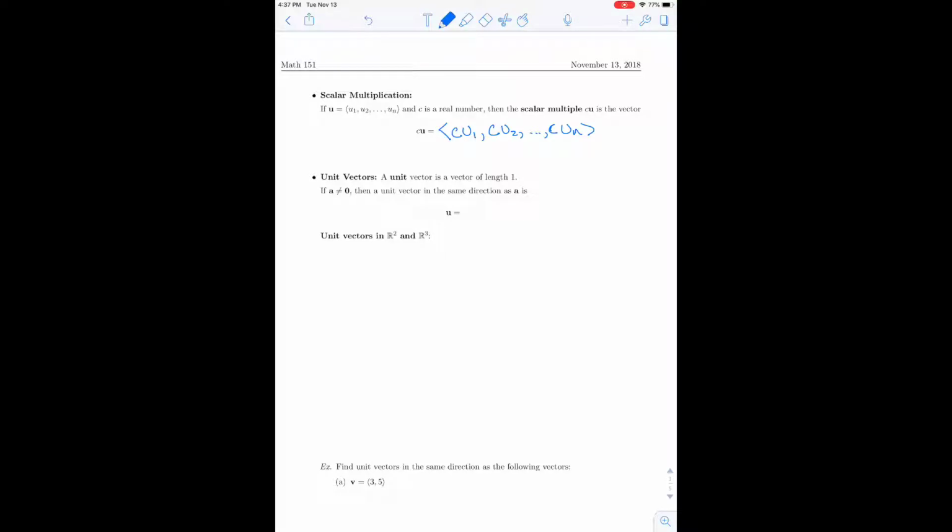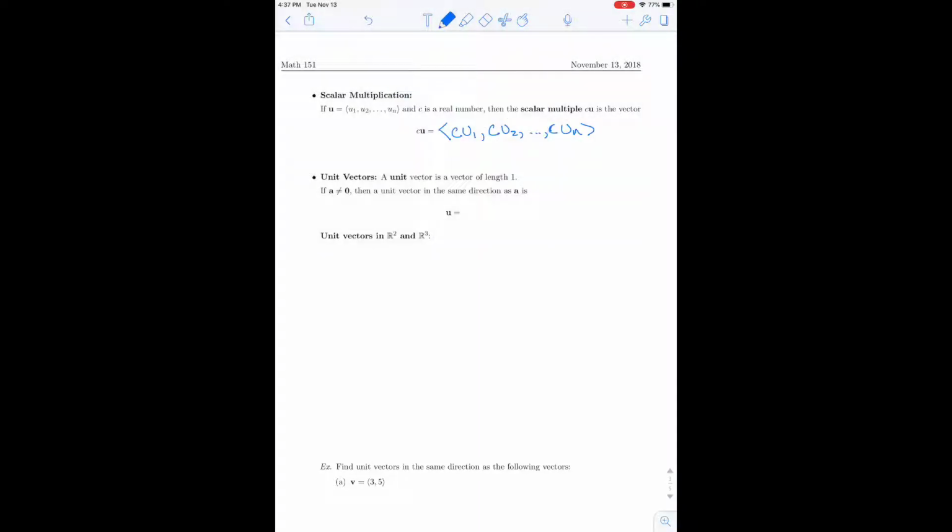And then what that does is it increases the length of that vector by a factor c. If c is larger than 1, it increases the length; it may actually decrease the length of that vector if the magnitude of c is between 0 and 1.